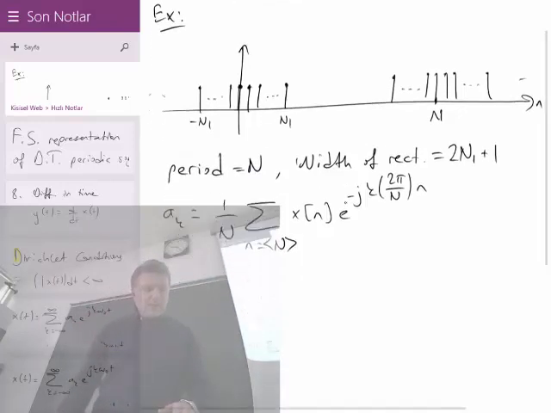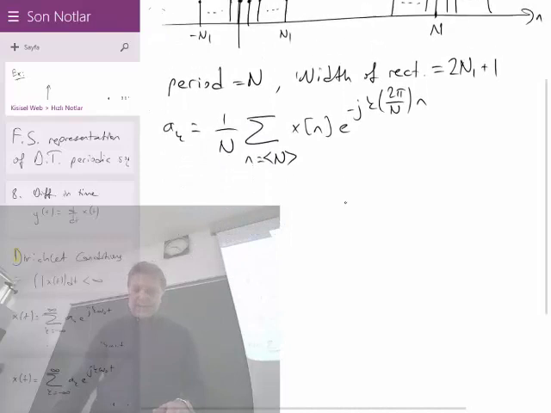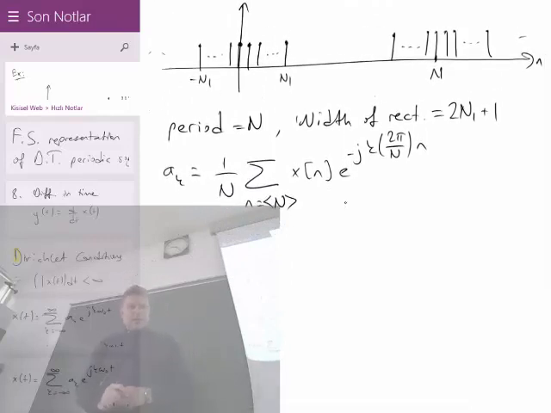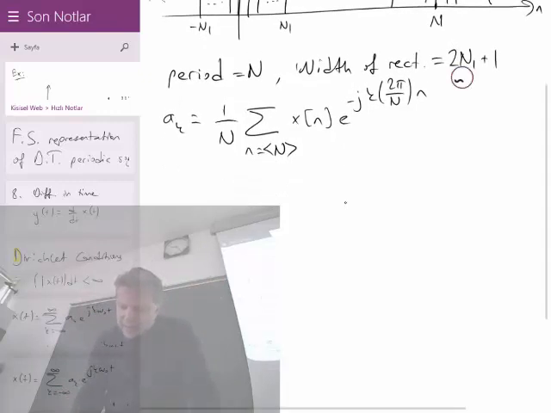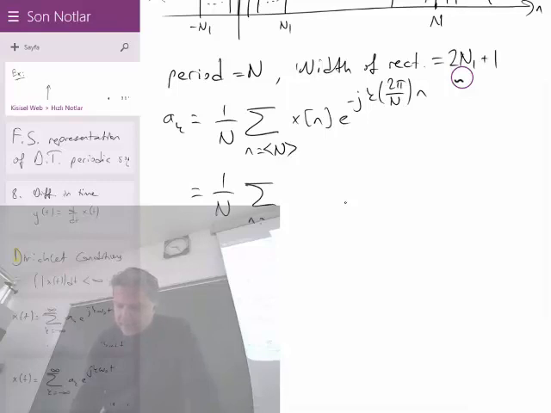And when we take it over there, the non-zeros will be only between minus N1 and plus N1, because the others in this summation will be zeros at the tails. The compact rectangle starts at minus N1 and ends at plus N1. So we can write the summation like that: 1 over N, and from minus N1 up to N1.